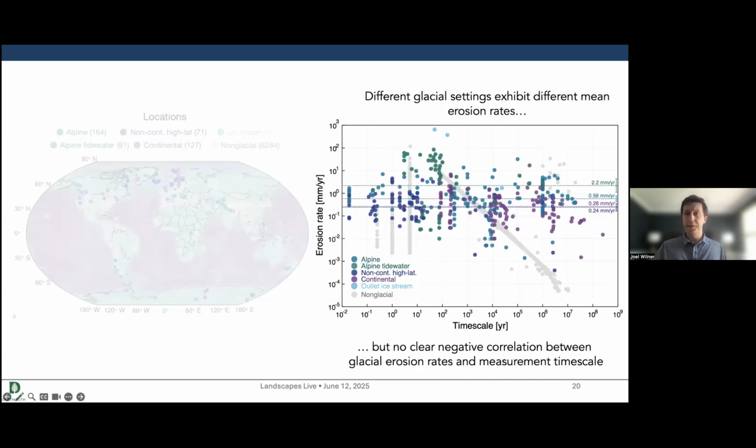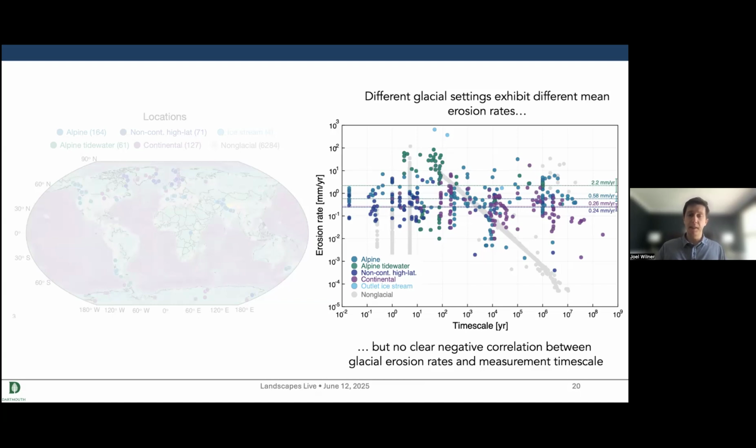So taking a first look at the data, we see that different glacial settings exhibit different characteristic mean erosion rates. So with alpine tidewater and alpine glaciers being the fastest, with continental glaciers being among the slowest, which makes sense.